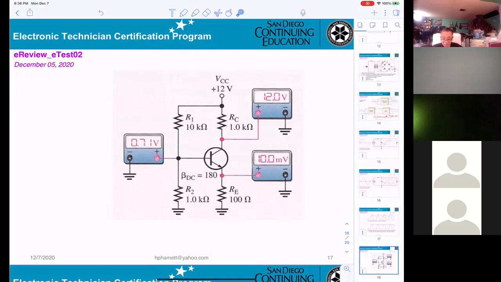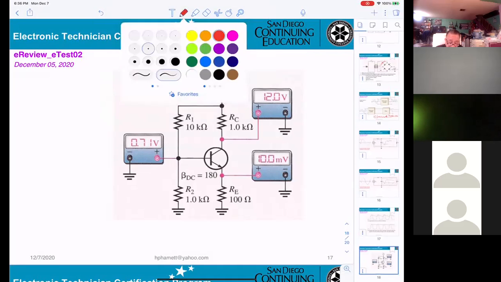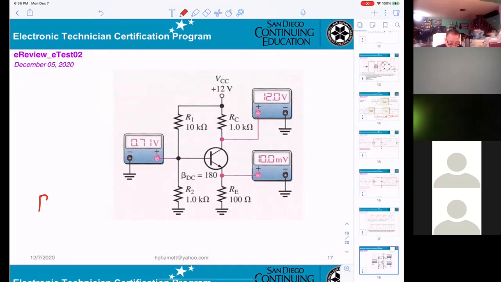The transistor. Perfect. The part to remove and replace in this case will be the transistor. Why? I can tell you, you get 0.7 here. That's good enough to turn on the diode here, right?